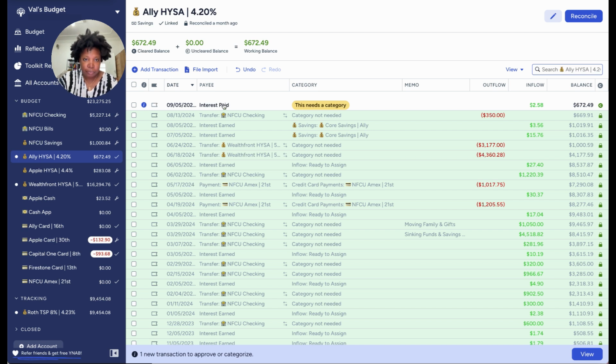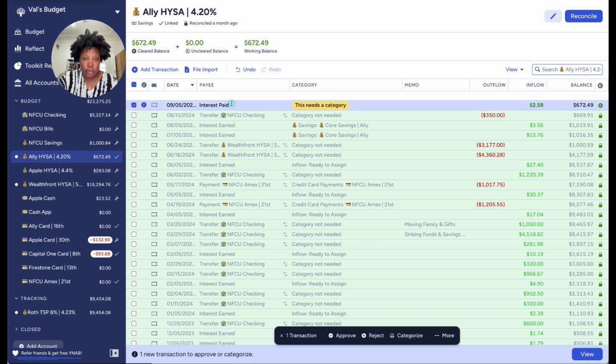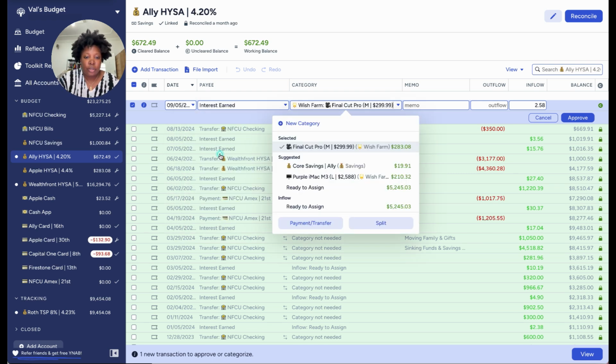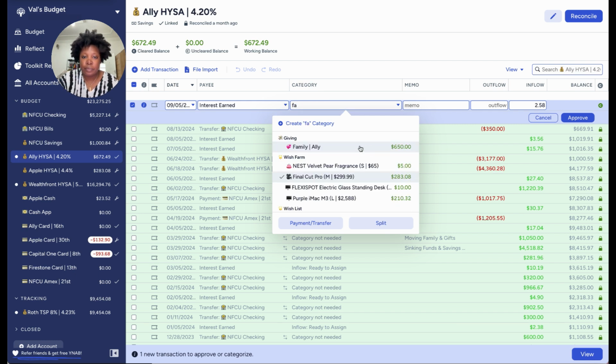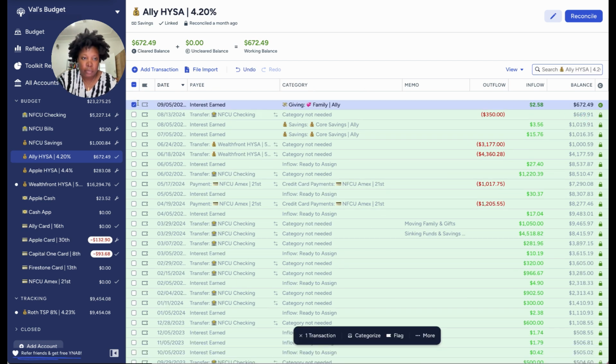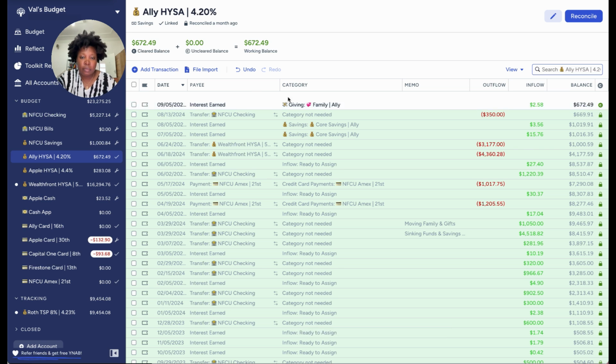And so I have interest paid. I'm gonna change it to interest earned. And this is going to family. Because I got rid of the core savings, so I no longer have this category anymore.